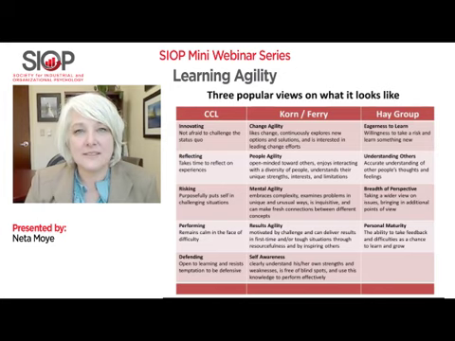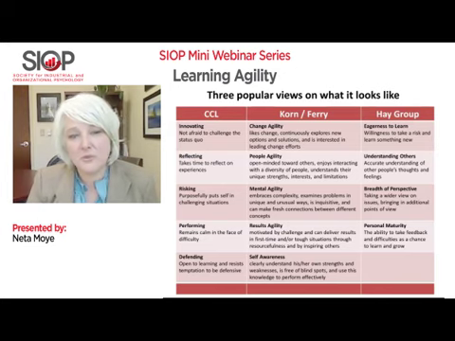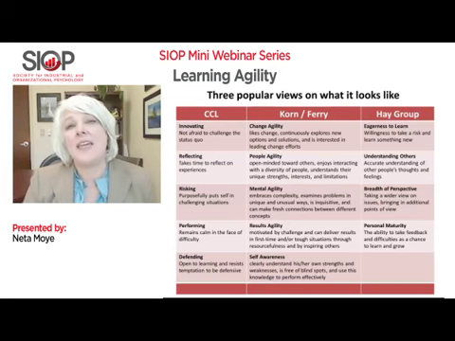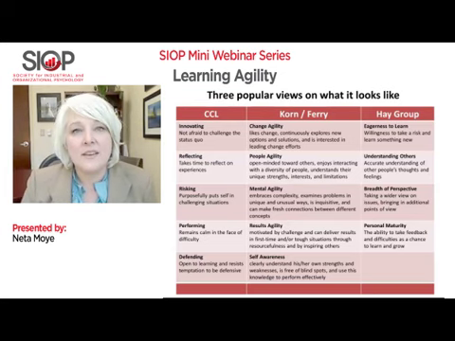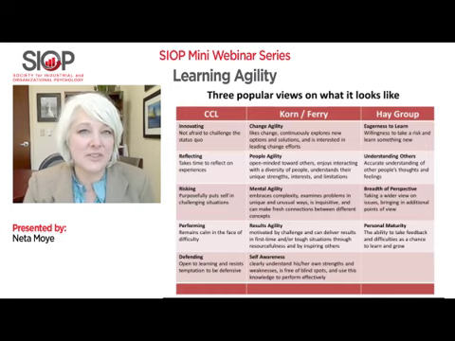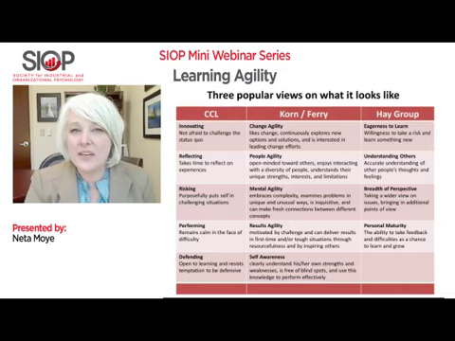Three organizations have very popular perspectives or viewpoints on learning agility and tools attached to it: Center for Creative Leadership, Korn Ferry, and Hay Group. If you look at the Center for Creative Leadership, you'll see what factors they consider to be representative of learning agility. So they get a little more specific.